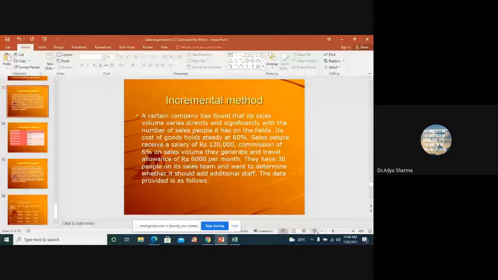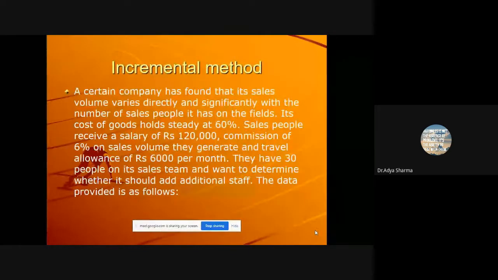The day what we are giving to the salespeople is more than their contribution to the company, that's the point where you stop. Okay? So salespeople contribute to the growth of the company, and the company contributes to the growth of the salespeople. As long as what salespeople are contributing towards the company is at least equal to or more than what the company is contributing towards their growth, it works.